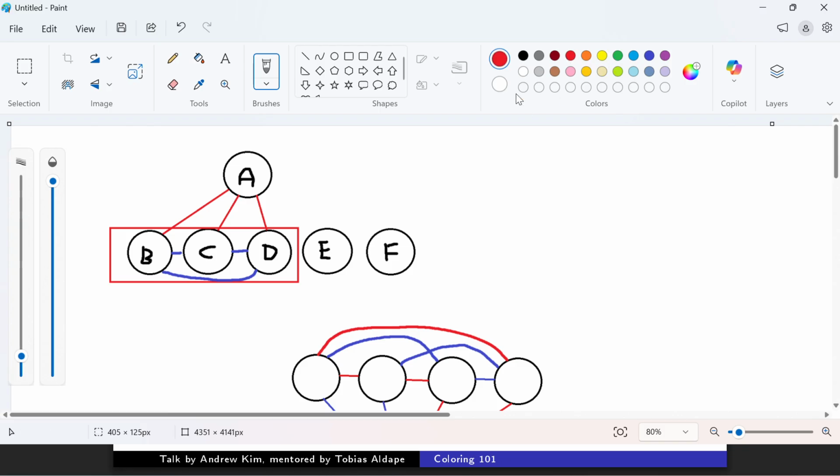Let's say red means the 2 people know each other, and blue is the opposite. So they don't know each other.